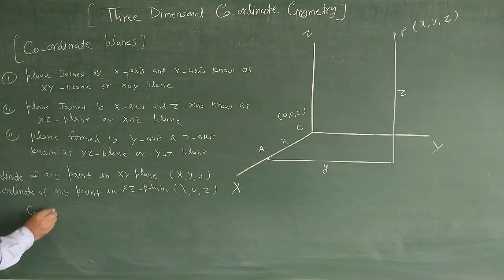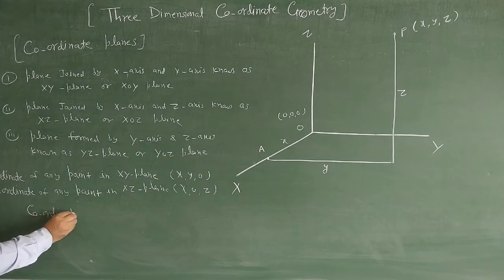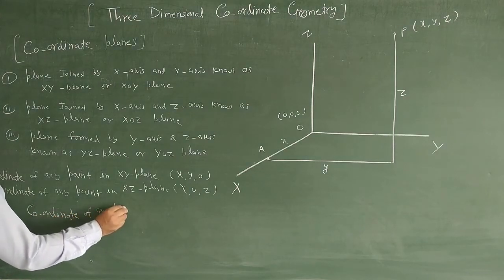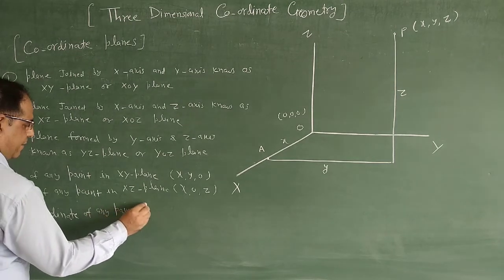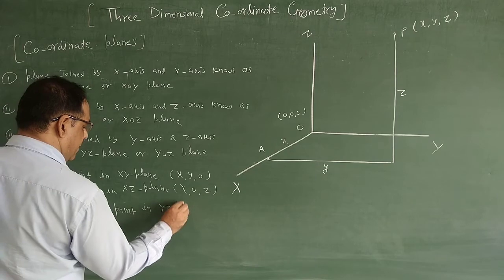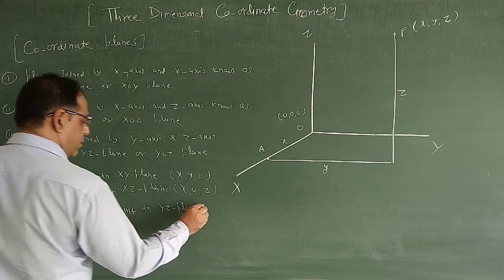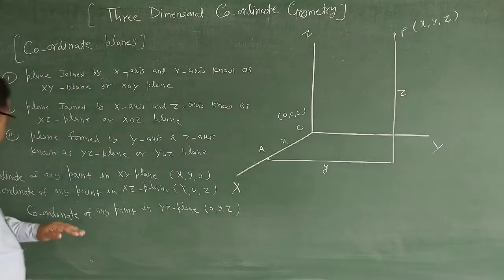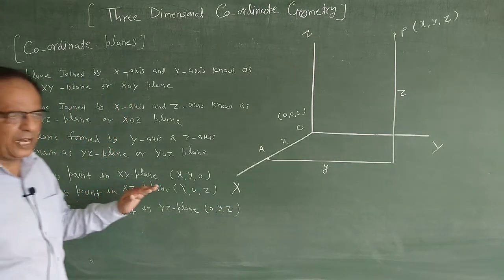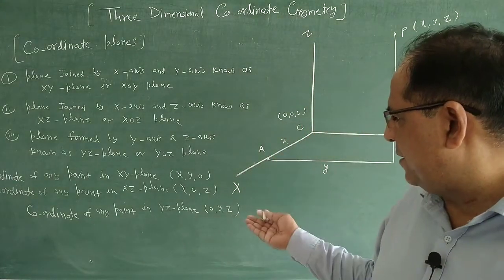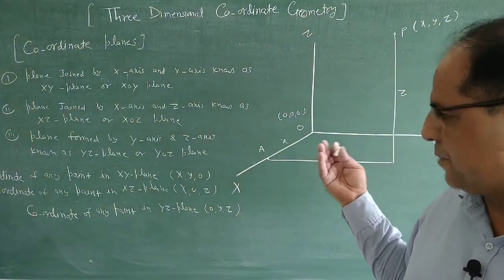Coordinates of any point in the yz plane, 0 comma y comma z. So this is the way of selecting the coordinates of points which are taken in the xy plane, yz plane or xz plane.